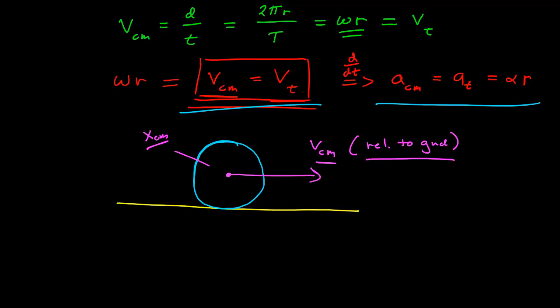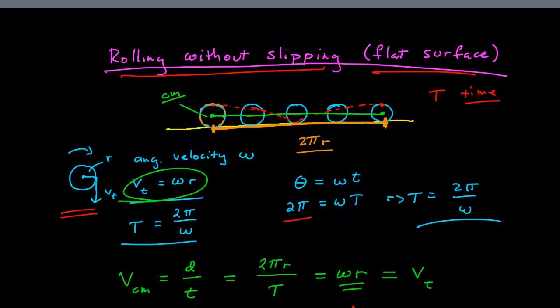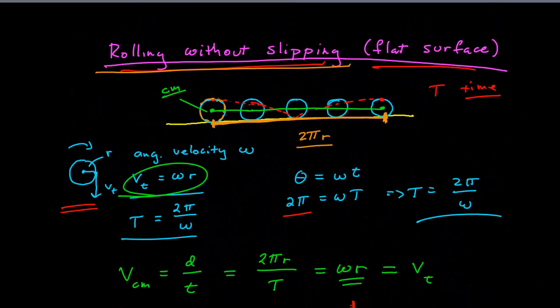Note that the velocity of this point, the bottommost point, equals 0 relative to the ground. How do I know that? That's the definition of rolling without slipping.